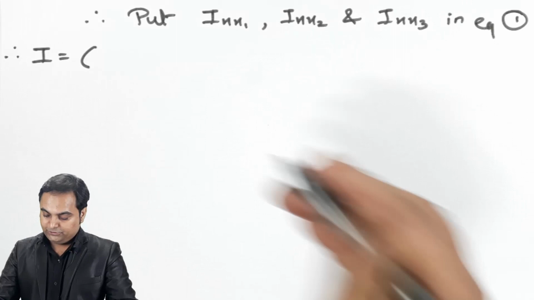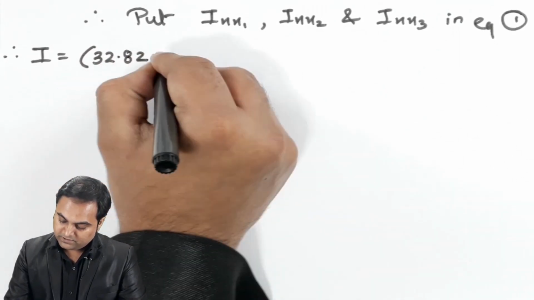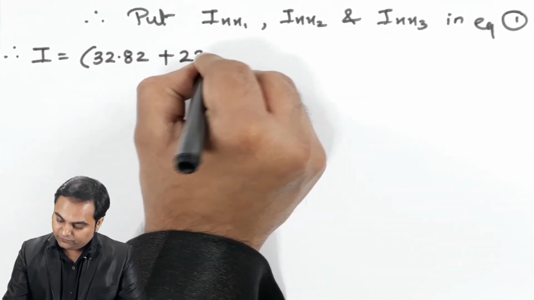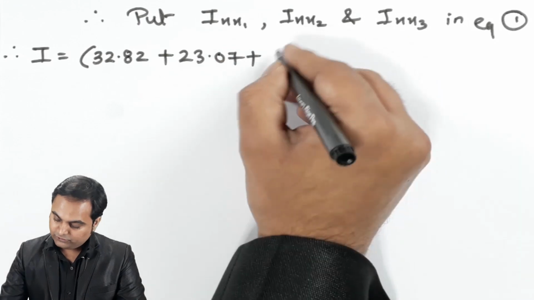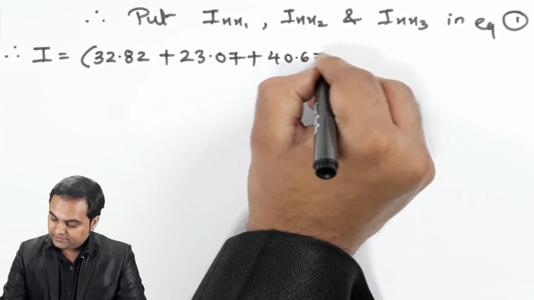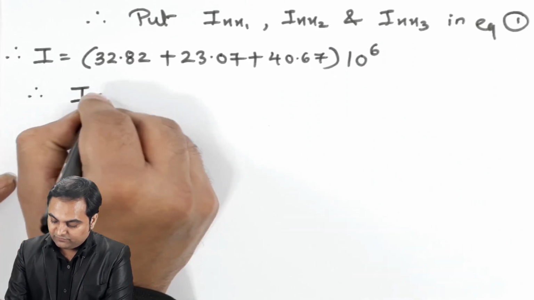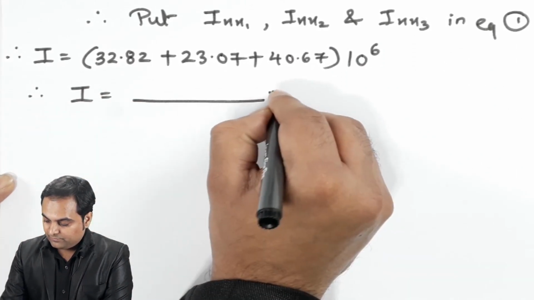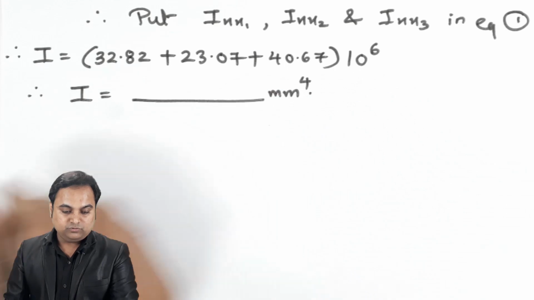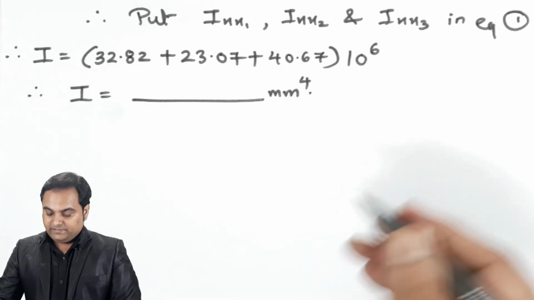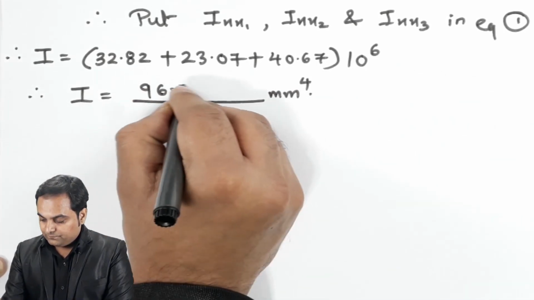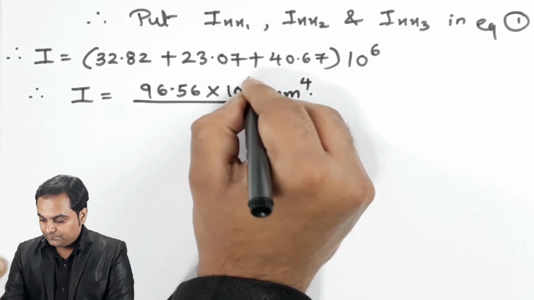That is 32.82 plus 23.07 plus 40.67, and 10 raised to 6 is taken as common. So from this I am getting the value of I, moment of inertia about the neutral axis, and it comes out to be 96.56 into 10 raised to 6.